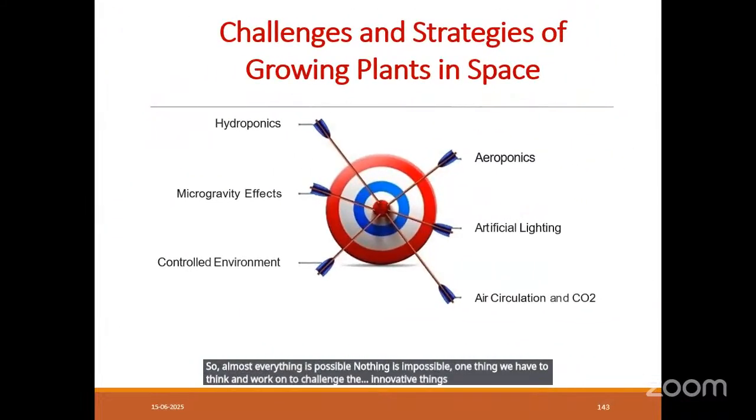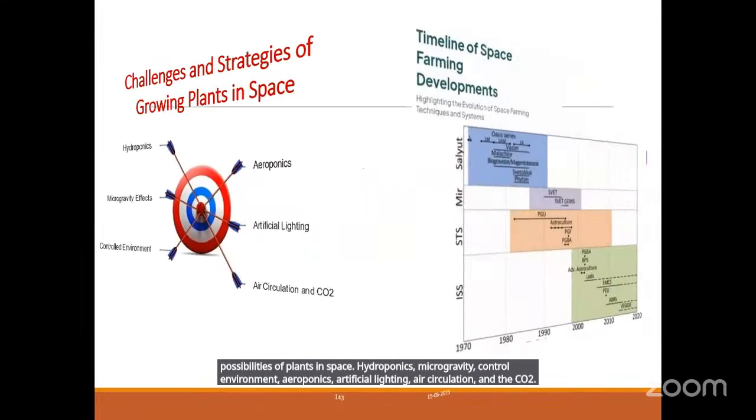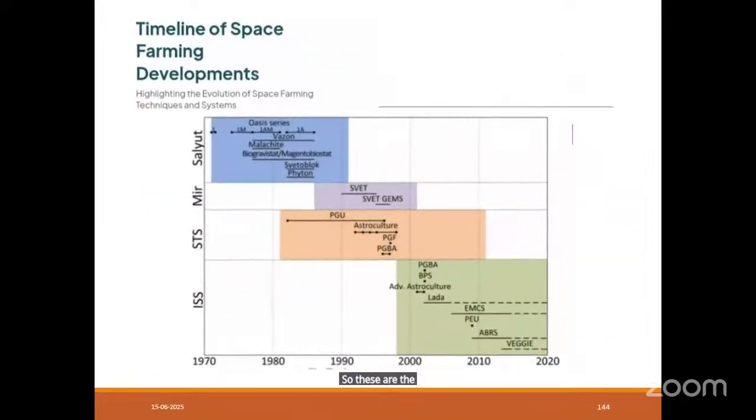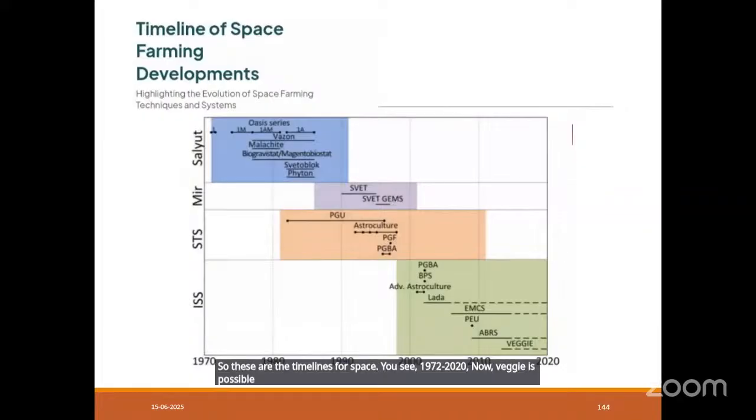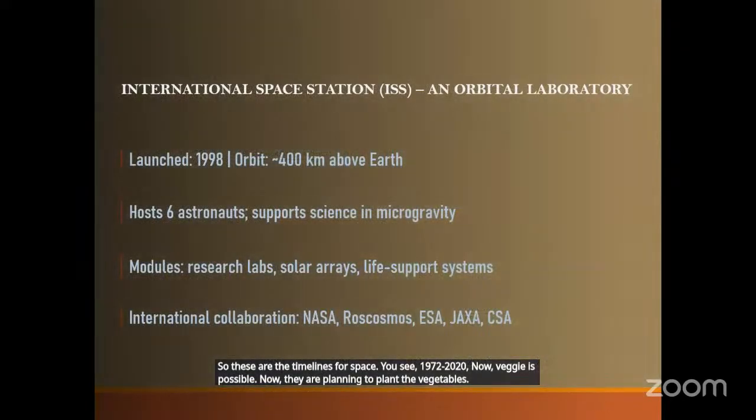So these are the possibilities for plants in space: hydroponics, microgravity, controlled environment, aeroponics, artificial lighting, air circulation, and CO2. So these are the timelines for space. You see, 1972, 2020. Now veggie is possible, and now they are planning to plant vegetables.